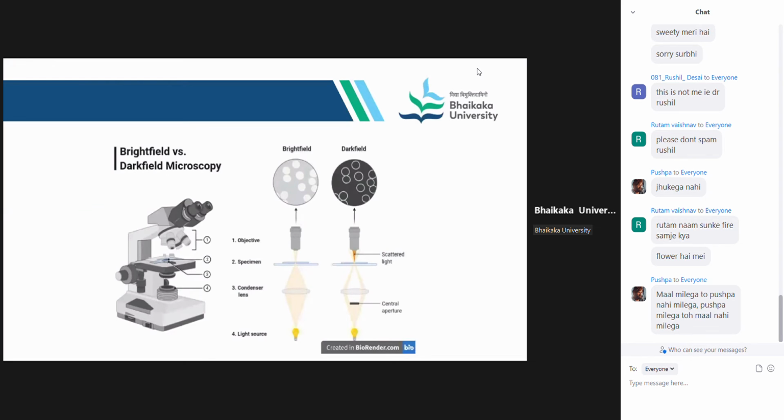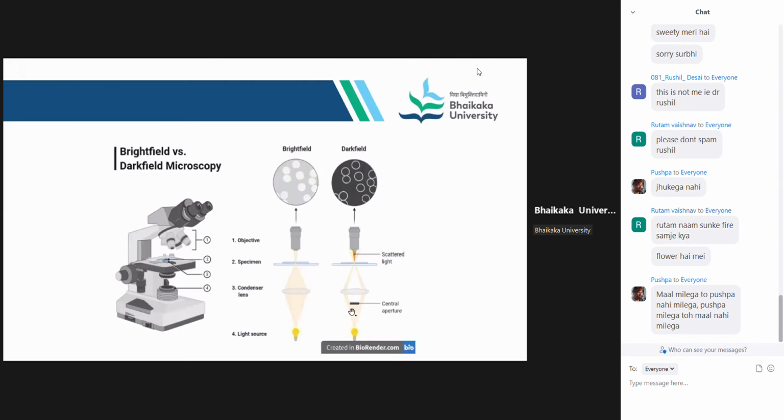The differentiating feature between the dark field and the bright field microscopy is shown here. In bright field microscopy, there is a condenser lens, specimen, objective lens, and light source. So the full light imparted on the condenser lens passes through the specimen, and we can see the field.